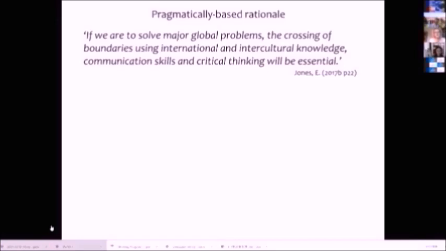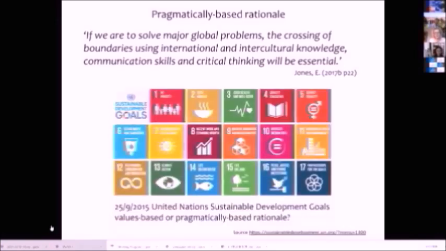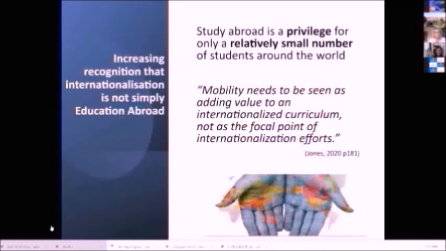And then we now see that the United Nations Sustainable Development Goals cause us to think both in terms of values-based and pragmatically based causes for internationalization. Moving to the next slide, we know increasingly that internationalization is not simply about education abroad, because it's a privilege for a very, very small number of students around the world.